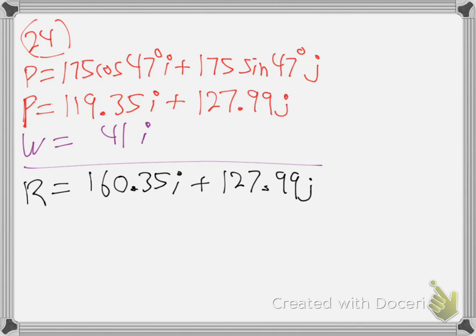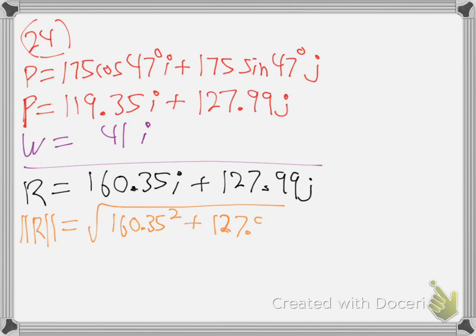Just add them up there, and the j just stays the same. Is that good for the resultant? And then they want the magnitude of it, like usual. The length of it, that's the Pythagorean: the square root of 160.35 squared plus 127.99 squared.